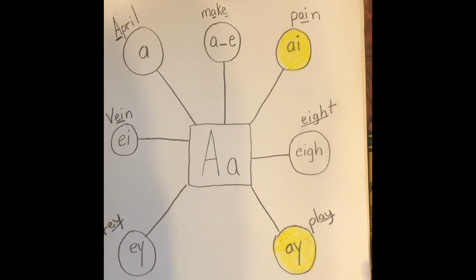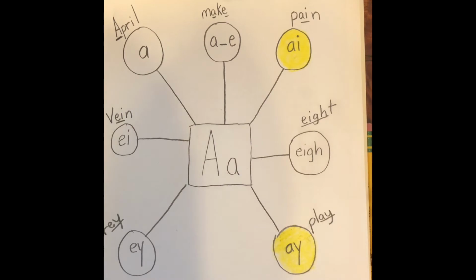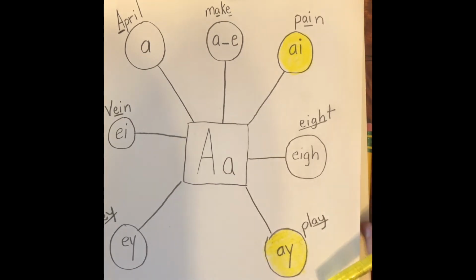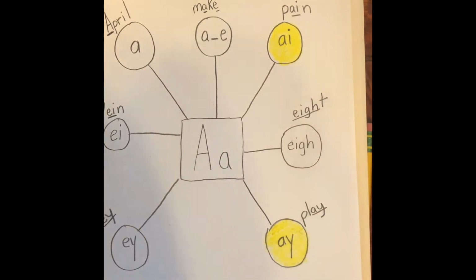Okay, so let's go ahead, and today's focus will be the EIGH pattern, which is not as common as some of the other long A patterns. But let's take a look at where we will find it in words.